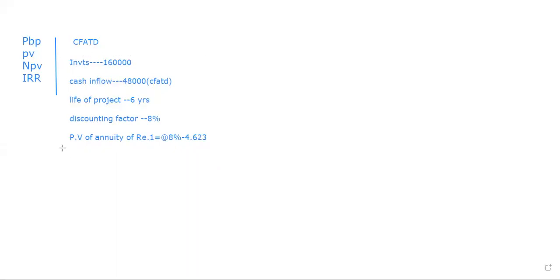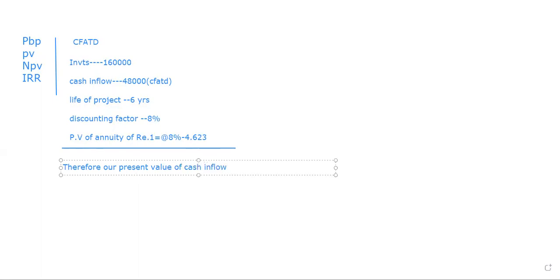I'm going to go for multiplying. Therefore, using the above information, our present value of cash inflows at 8% is 48,000 into what the annuity table showed me for 6 years at 8%, the value of 4.623.